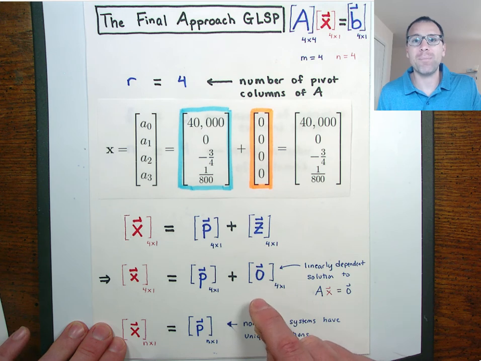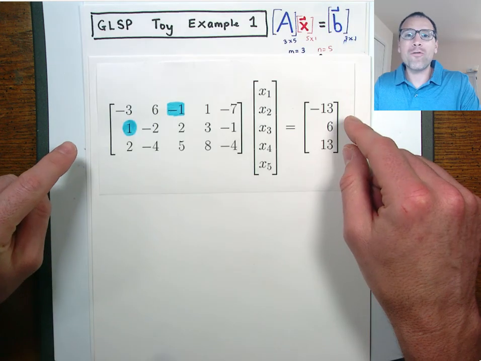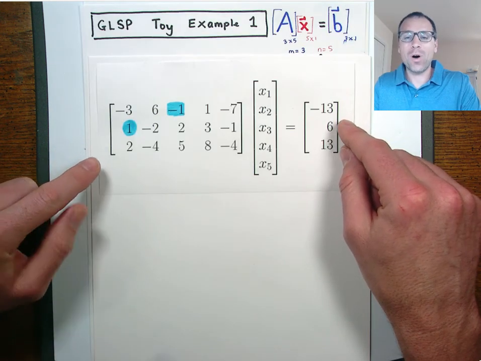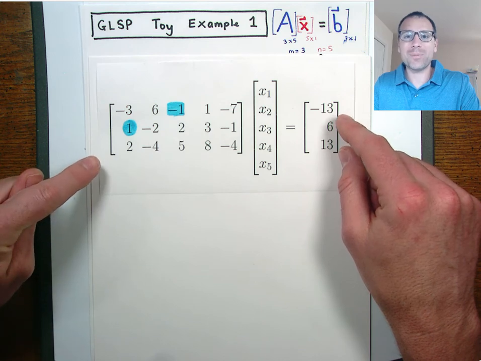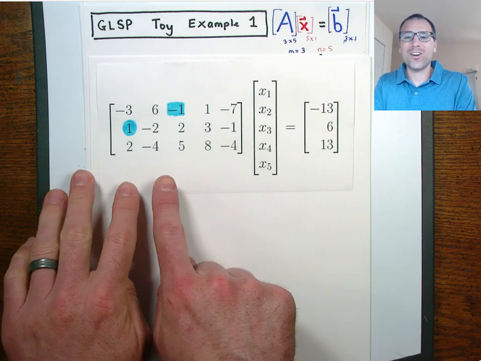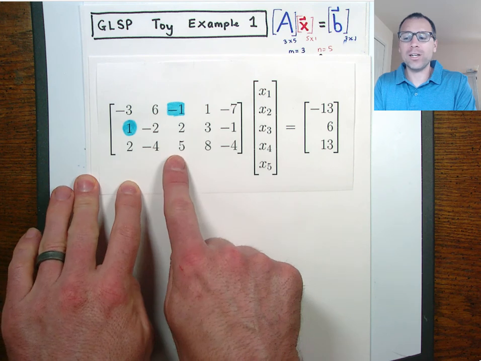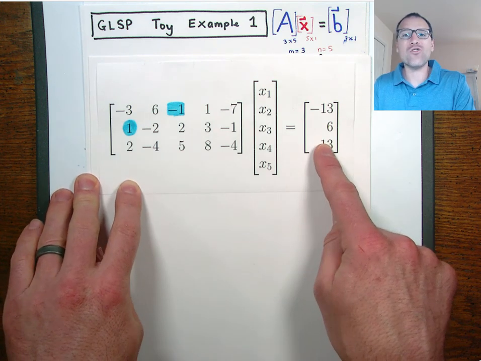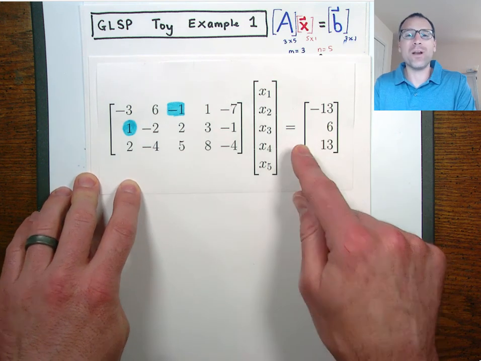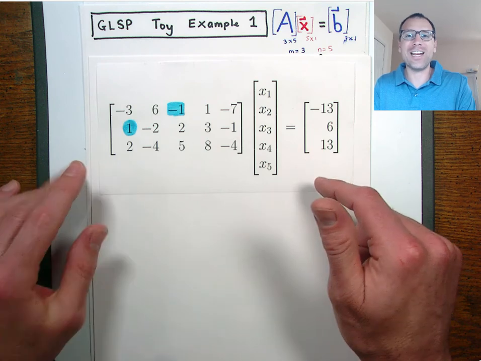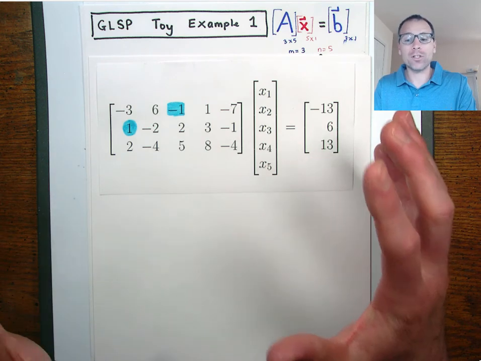Moving on to our first toy example of a general linear systems problem, we saw that we started with this integer matrix and an integer valued right-hand side vector. The point of this example was just to illustrate the template for the solution.